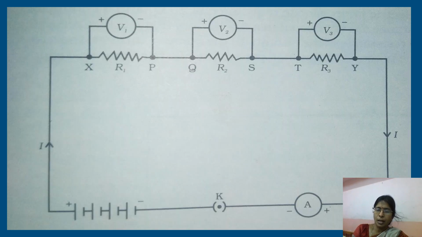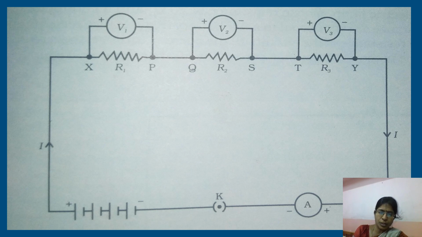So once again, I bring to your notice that this is the circuit which you have considered. That is, X and Y are the points, and in between these 2 points, we have arranged three resistors R1, R2, and R3. These are the three resistors which are taken, and these are connected in series through ammeter, plug key, and a battery.